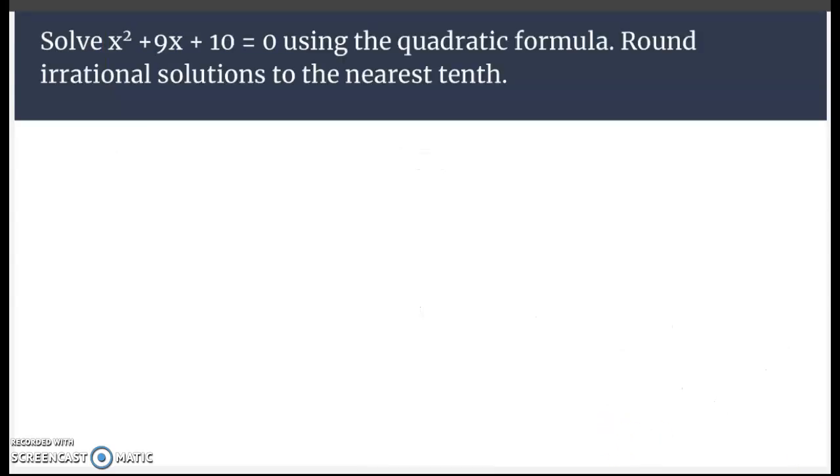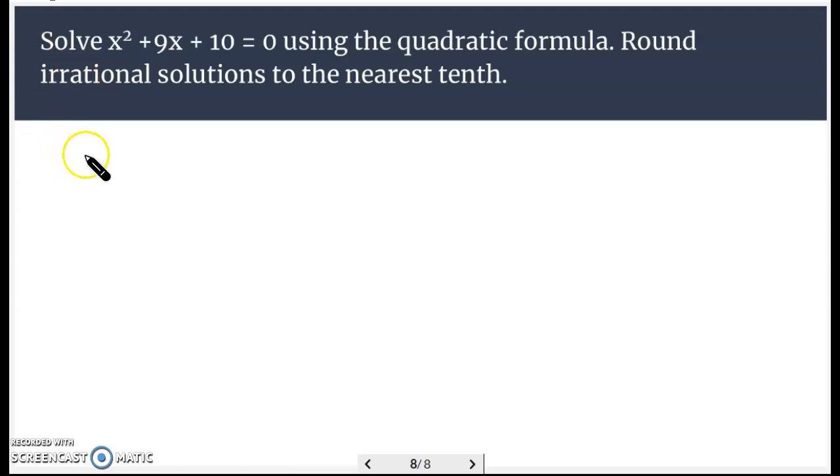Let's do one more, and we're going to find the decimal approximation to the two irrational answers. In this problem, the A is 1, B is 9, C is 10.